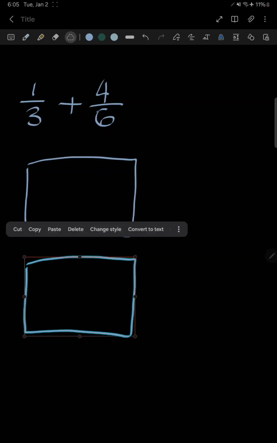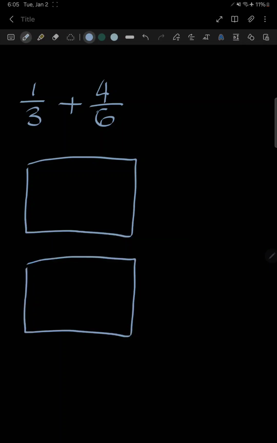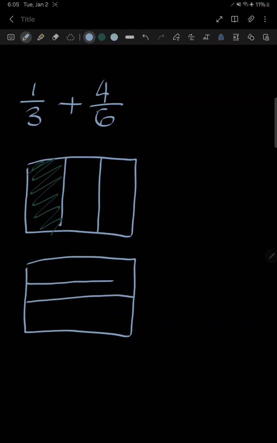And I'm going to go ahead and shade in or turn them into fractions. So here's my 1/3. That means I have 3 pieces and I am shading one of them. And then down here I have 4/6, which means that I have 6 pieces. And remember that you always have to do one of your models with vertical lines and one of your models with horizontal lines.